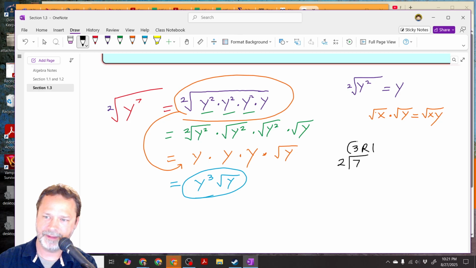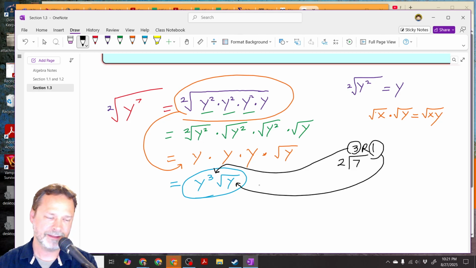That is 3 outside the root and 1 inside the root. That's a trick I'm going to keep using, especially on these next few examples, because it's way faster than trying to break up the product into factors with that power. If I have a cube root of cubes, or a fourth root of fourths underneath the radical, rather than do that over and over again, I realize I have this pattern and I'm going to use it.